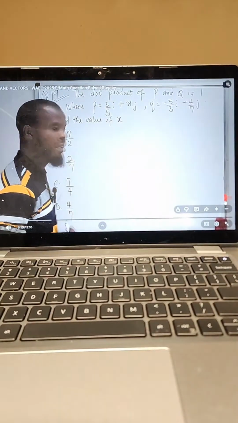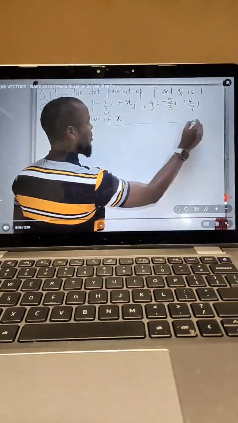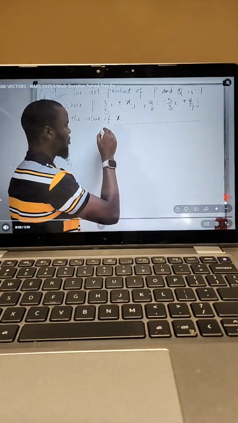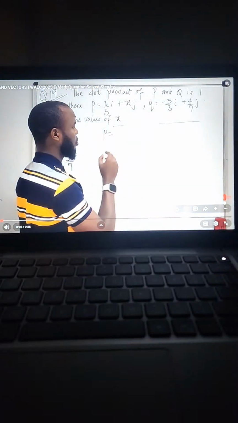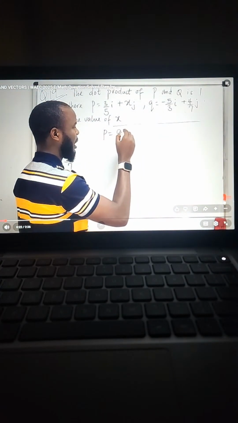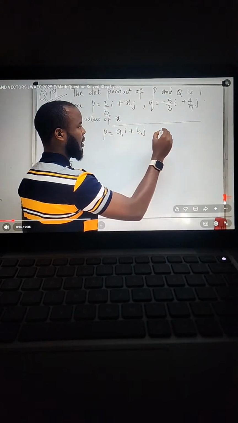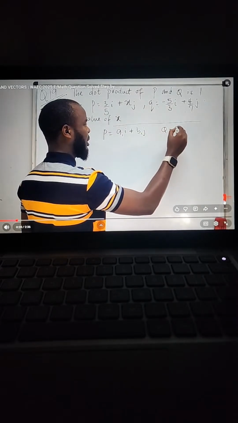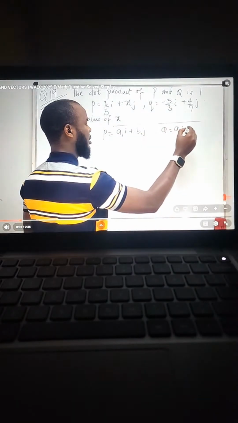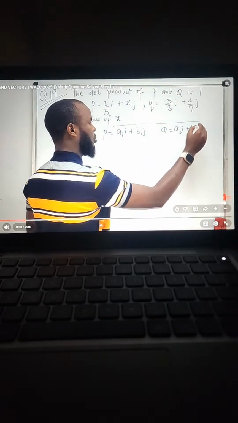But before I do this, let me just explain something to you. When we have an example of this, P equals A1i plus B1j, and we have Q to be A2i plus B2j.